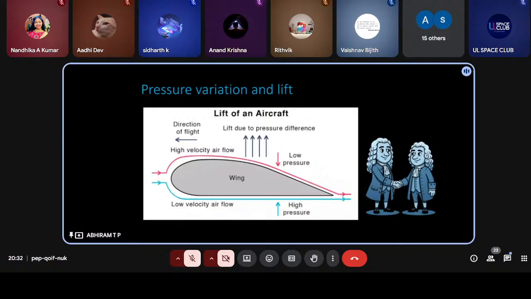So this special shape will allow the air to pass through both the surfaces, and the air passing above the wing will be moving very fast, and the air passing below the surface will be moving relatively slower. That means very slow compared to the upper surface.